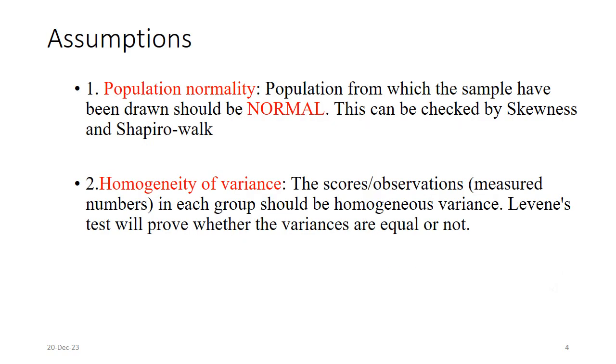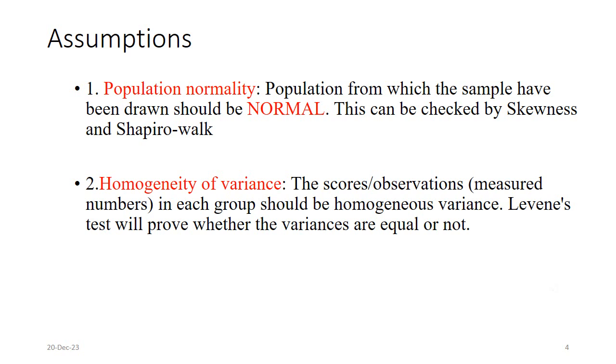Before doing the analysis of variance, we should satisfy the assumptions involved. The important assumptions are population normality and homogeneity of variance. The population from which the sample has been drawn should be normally distributed. This can be checked using descriptive statistics, that is skewness, and the Shapiro-Wilk test can also be used.